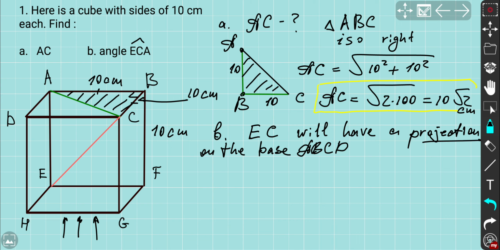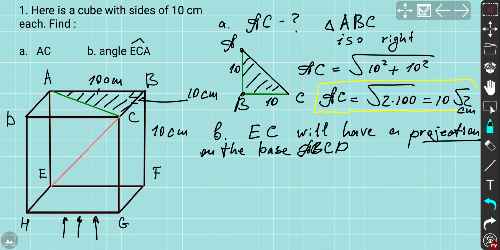So you should remember this if you already covered the topic of vectors. An object already has projections on two axes, y and x, if we consider vectors in 2D space. In 3D space, we need one more dimension, so it's going to be projection on the x-axis, the y-axis, and the z-axis.